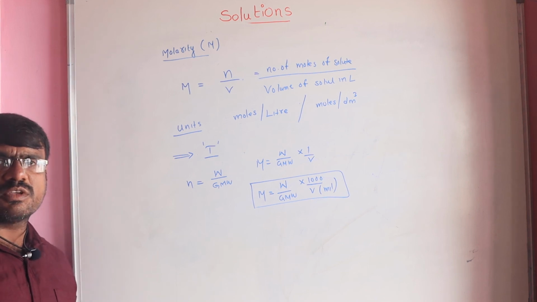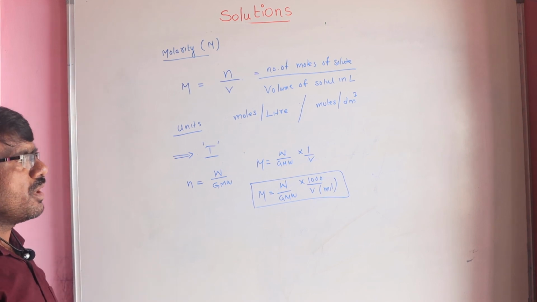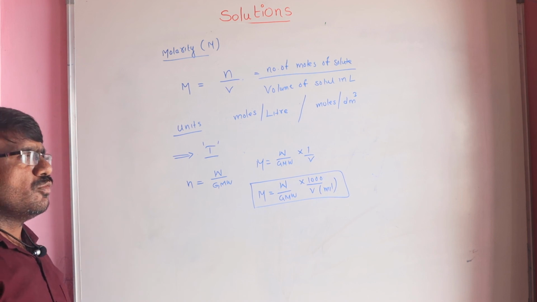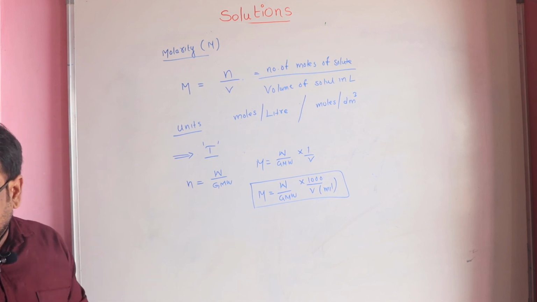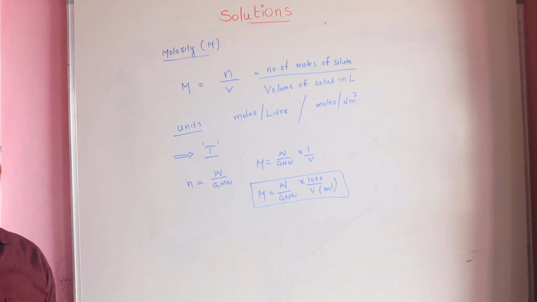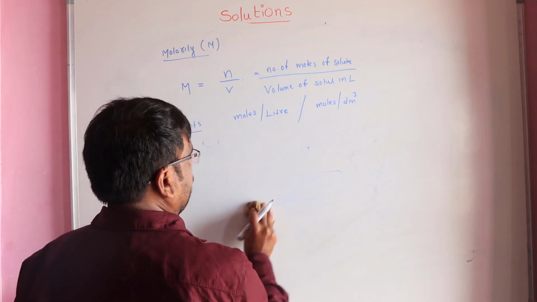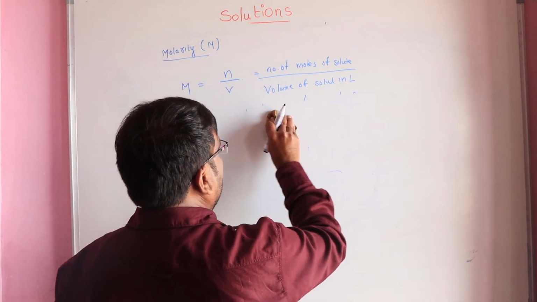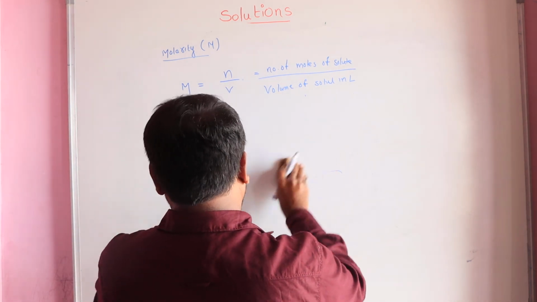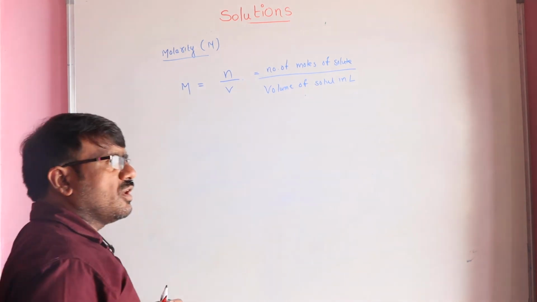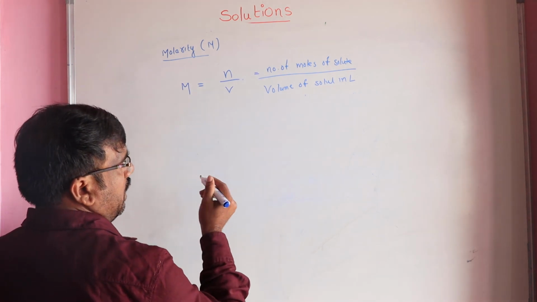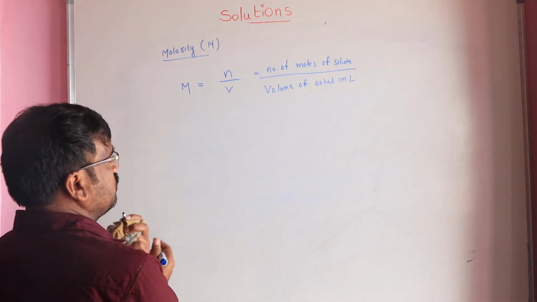In our syllabus there is one question, example number 2.2. What is that problem? Calculate the molarity of a NaOH solution containing 5 grams of NaOH in 450 ml of the solution.